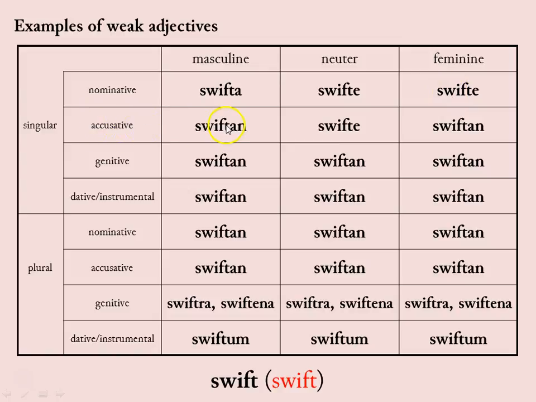In the accusative swiftan for masculine, the neuter swifte, feminine swiftan. Genitive and dative instrumental is swiftan for all genders. In the plural, the nominative and accusative is the same for all genders, swiftan. In the plural genitive, for all genders, it is swiftra or swiftena. And the dative instrumental for all genders is swiftum.